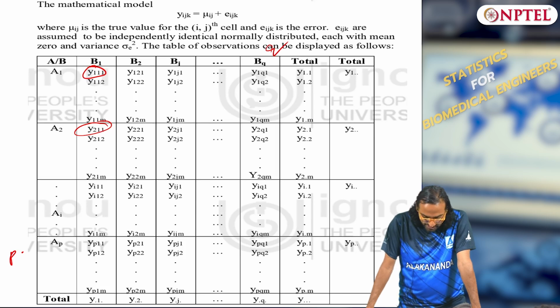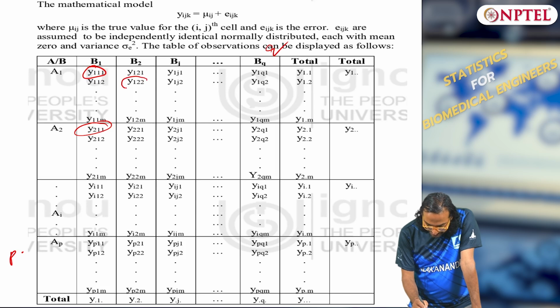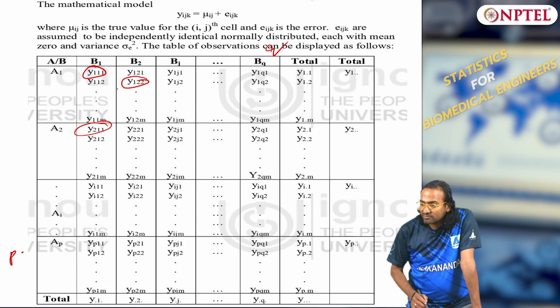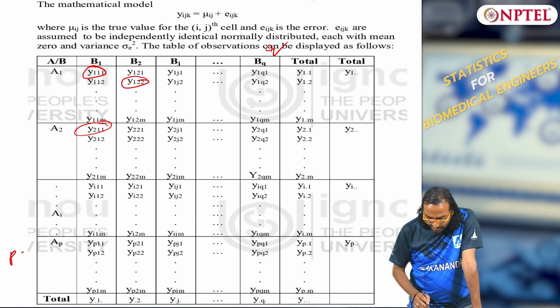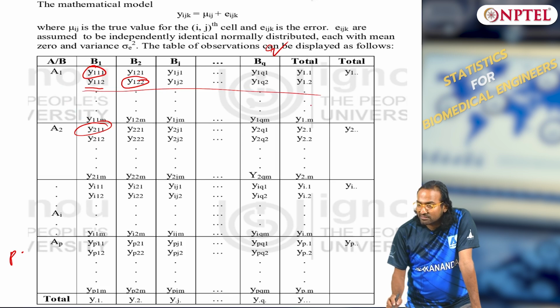This is the second replication, Y122: A1 B2 second replicate.